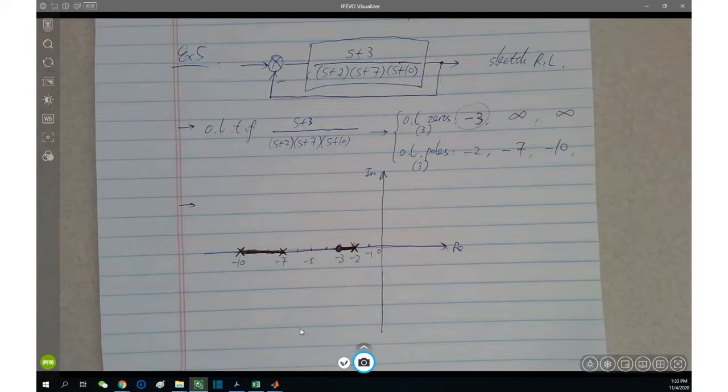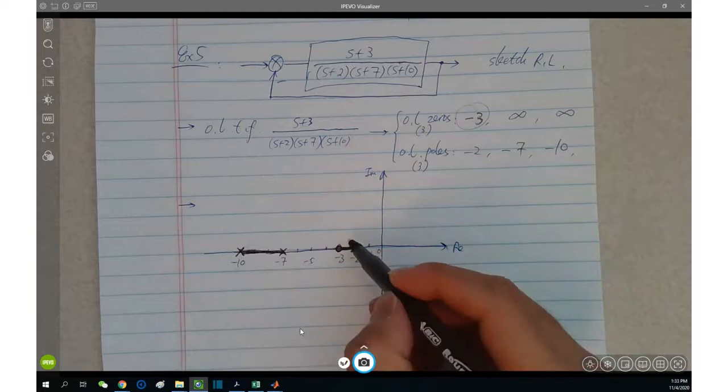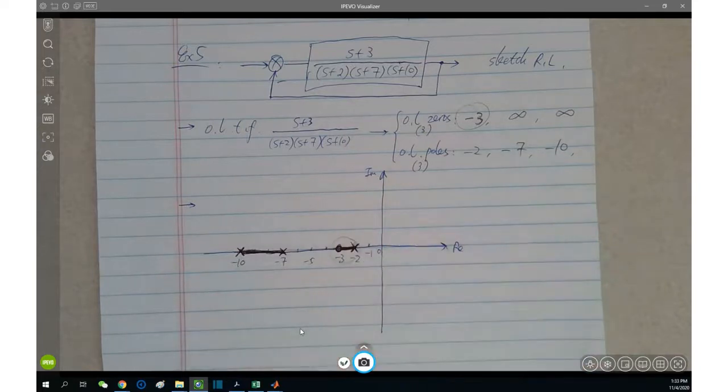All right, then let's take a look at them section by section, okay? So first of all, here, is this part okay or not?